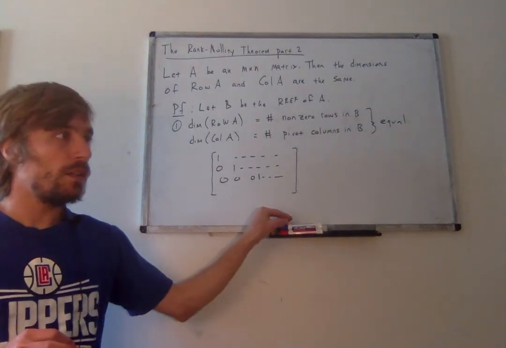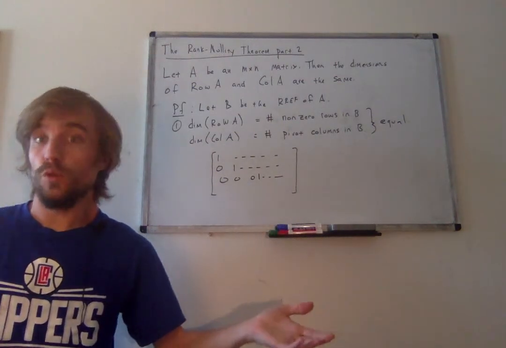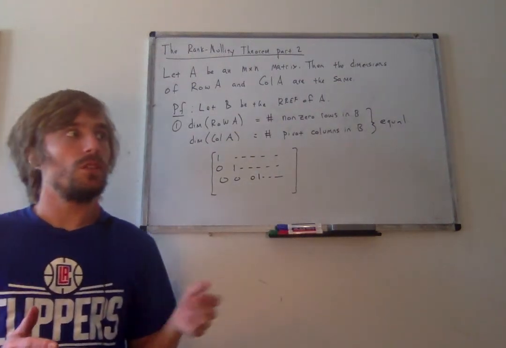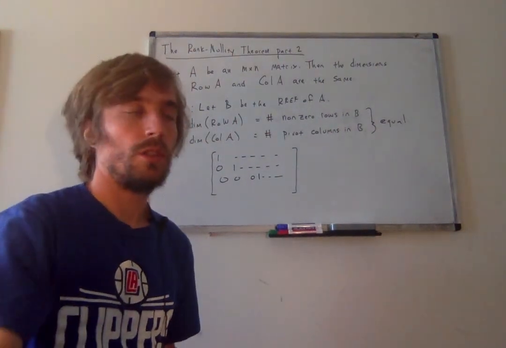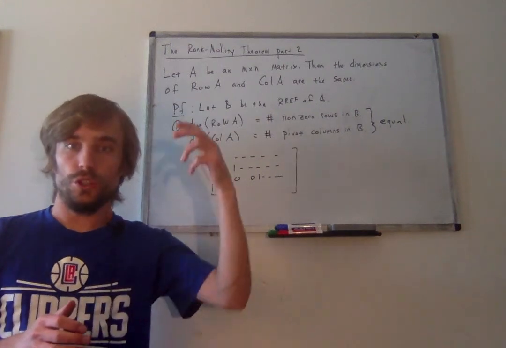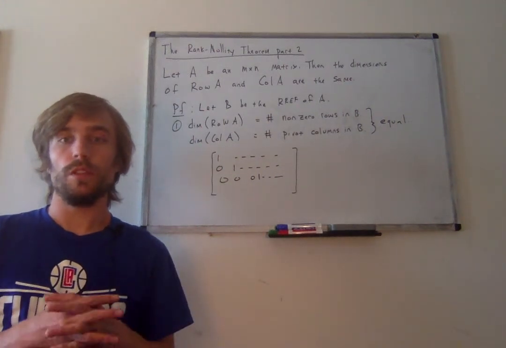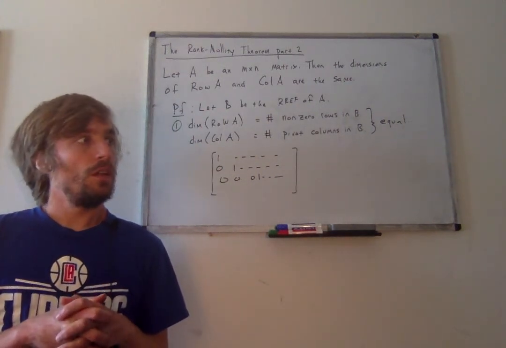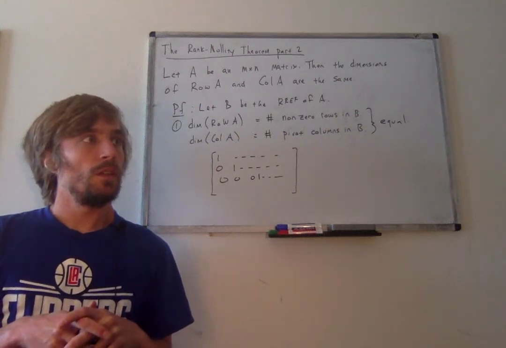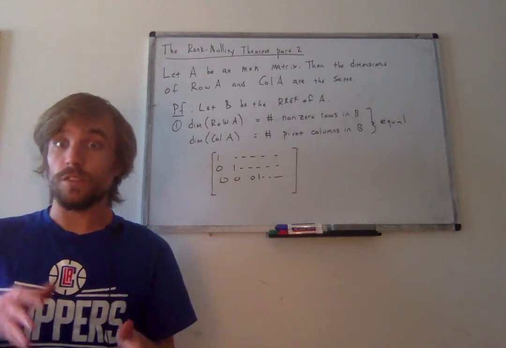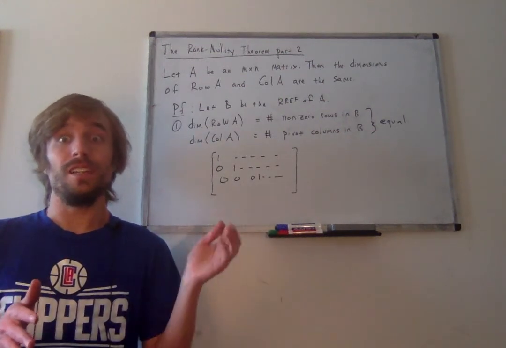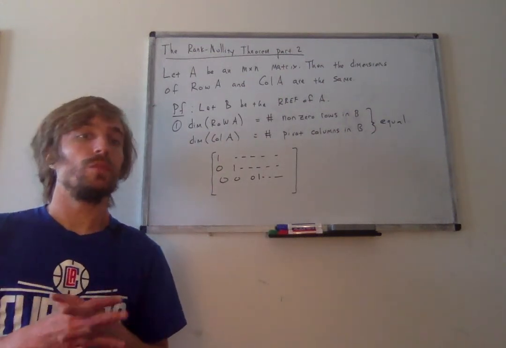A could be a 100 by 2 matrix, so 100 rows and 2 columns, and at most 2 of those 100 rows could be linearly independent. And not only that, if exactly one of the columns is linearly independent from the other, then at most one of those rows could be linearly independent.